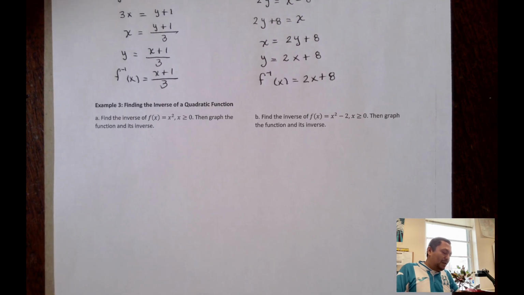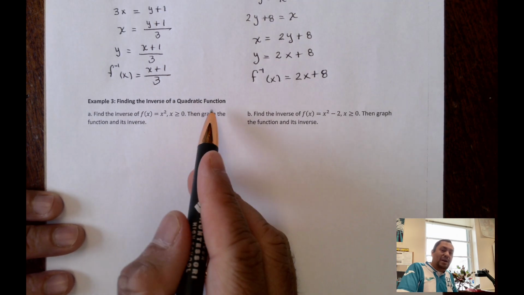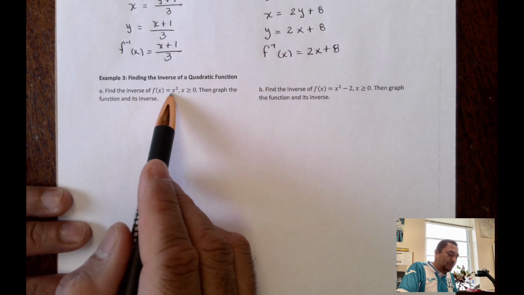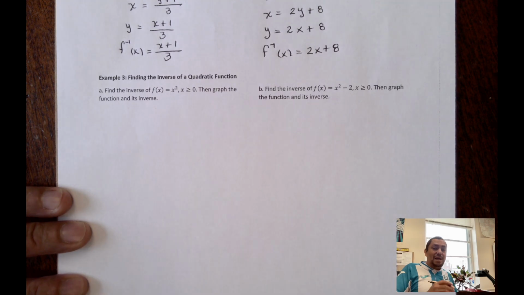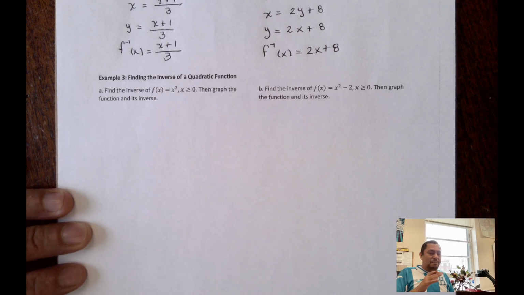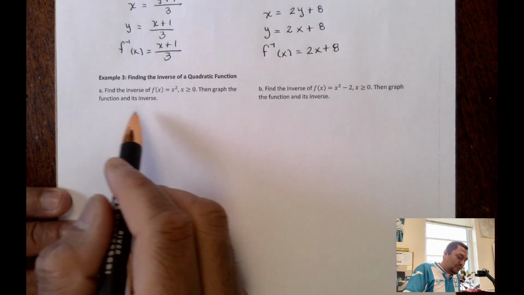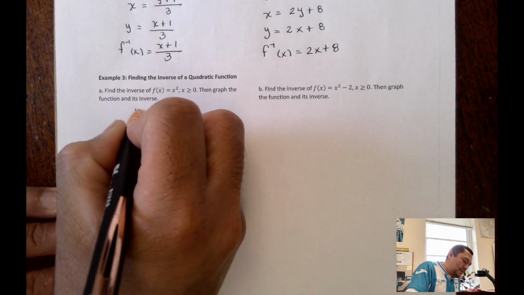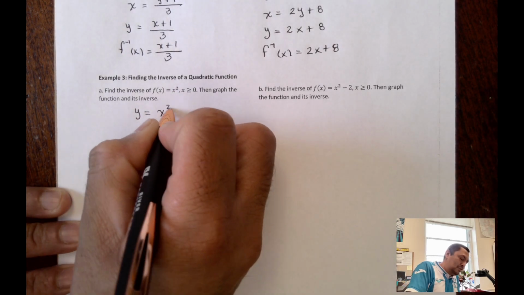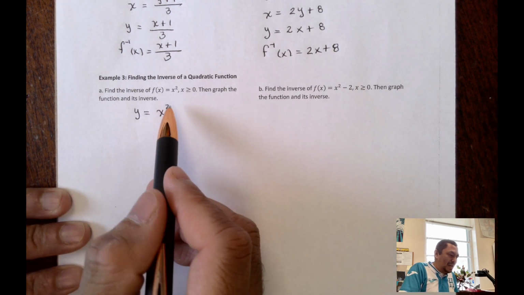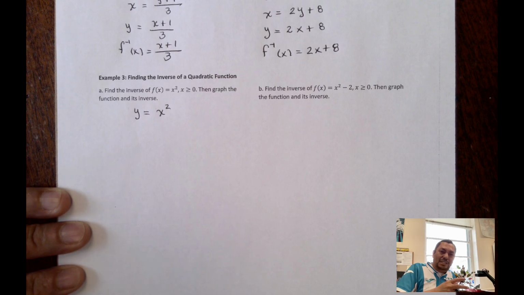Now, let's find the inverse of quadratic functions. In this case, find the inverse of f(x) = x squared, x greater than or equal to 0. Graph the function and its inverse. We're not going to graph those functions formally. I'm just going to do a rough draft there. So what I have is y equals x squared. Then in this case, I'm going to interchange x and y.